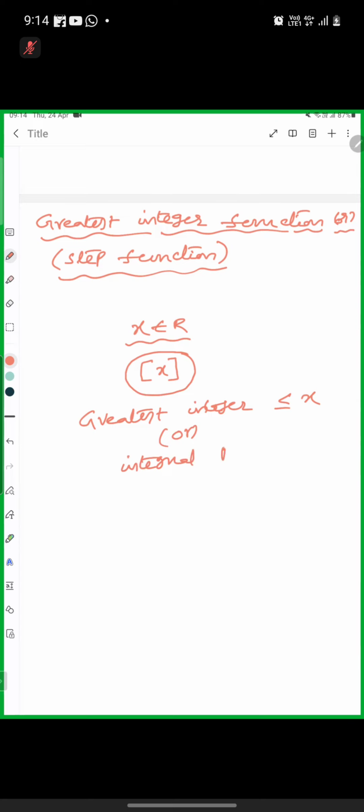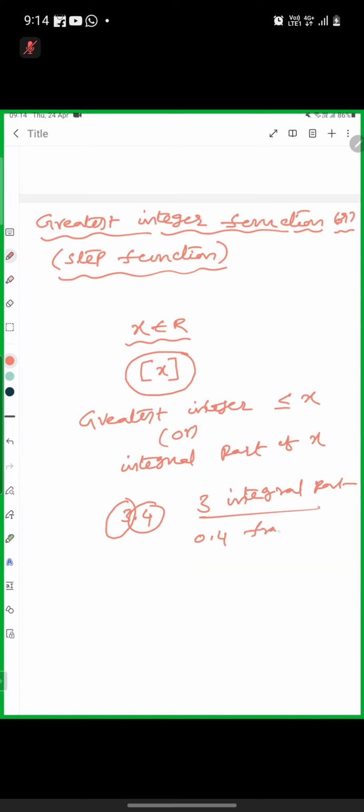In any real number, say for example 3.4, 3 is the integral part, that is the integer in that number, and the remaining 0.4 is called the fractional part. So when x is 3.4, square bracket of 3.4 is 3.